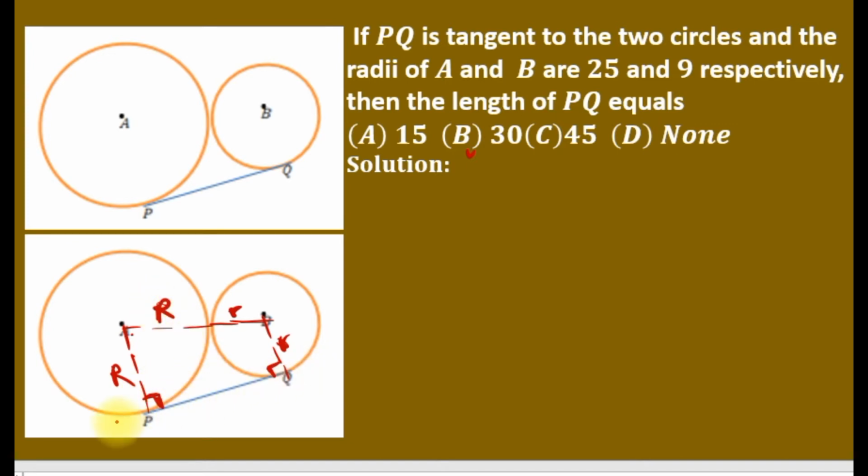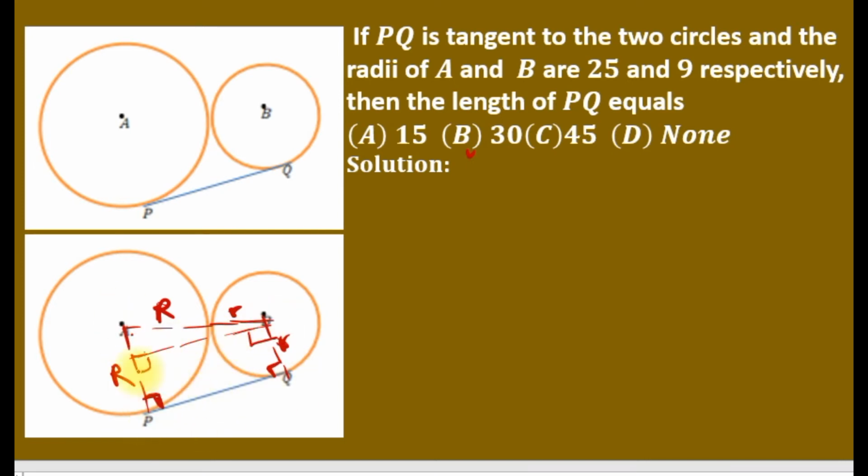Again, you see this line will be parallel to this line. So assuming this line is parallel to this, so the same 90. Once we know this length, we've known this.